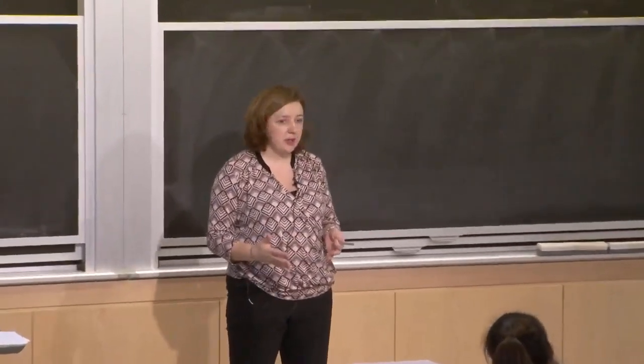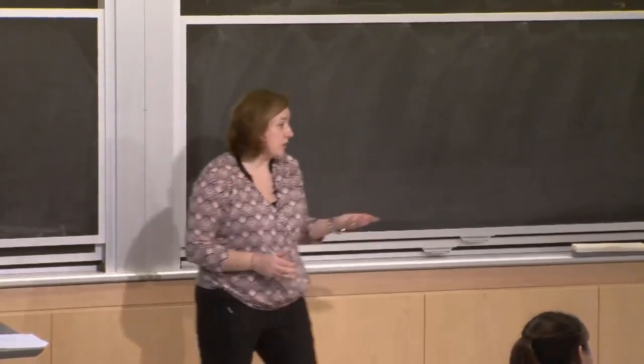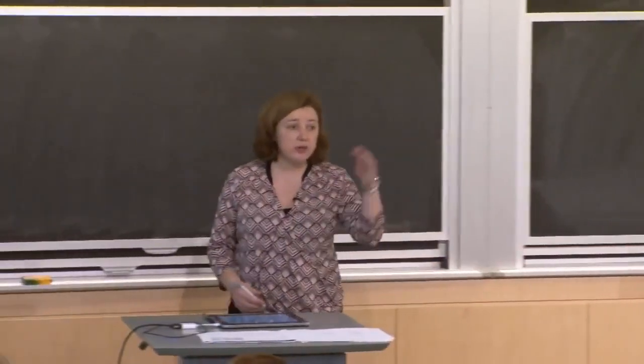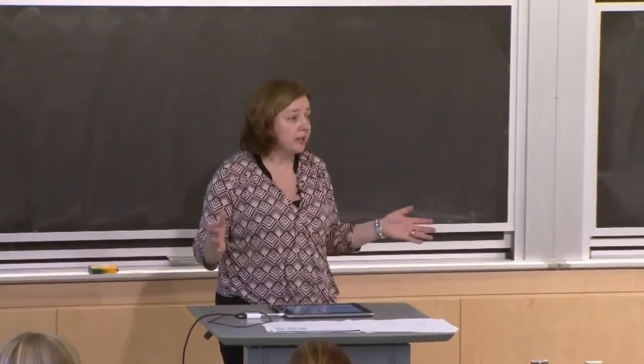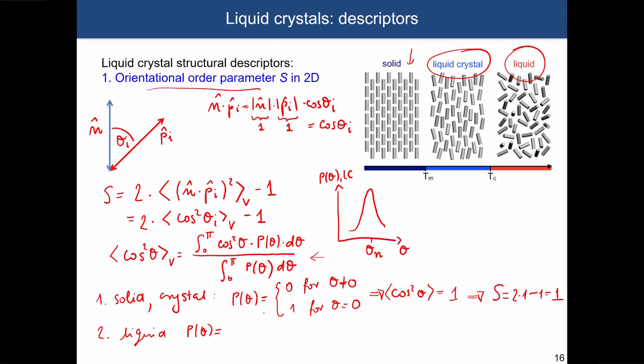What is this P theta? It will be constant, right? So what that means is that the orientation of the molecules is completely uncorrelated. What that means is that the probability that you will find an orientation of the molecule is equal for all of the angles. So this would be a constant.